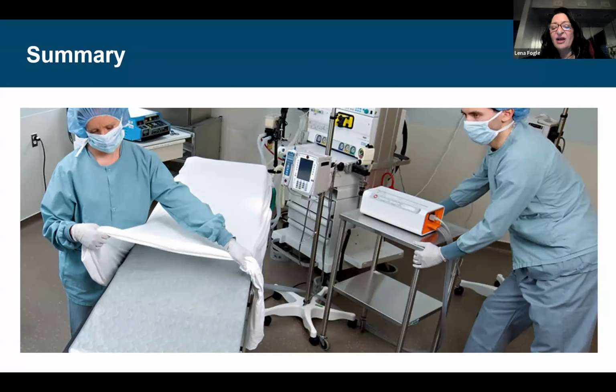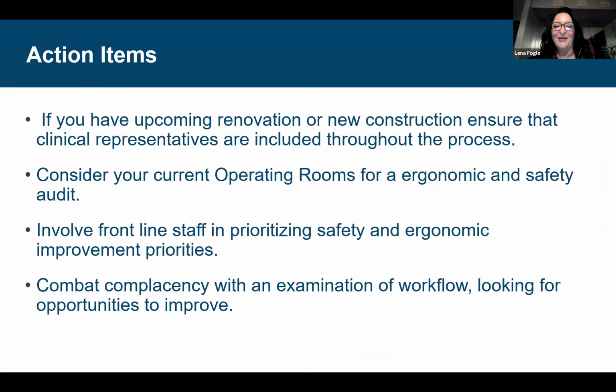If you do have a renovation or a new build coming up, make sure that you and your coworkers have a seat at the table and you start thinking through what's going to work in your operating room. And air. Make sure your air is protected by keeping those doors closed, making sure you have good air filtration, good positive pressure, etc. So these are some of the action items you can take back.